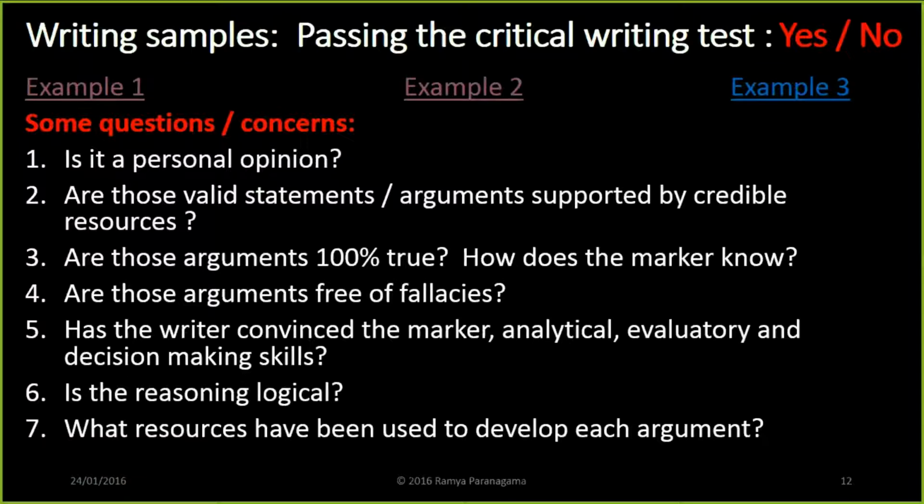There was no such thing. Some kind of decision was closer, but it was not there either. The reasoning is completely illogical, that means not logical. Have resources been used to develop the argument? No such thing. So that cannot be called a critical piece of writing.